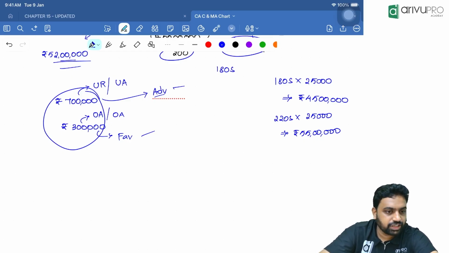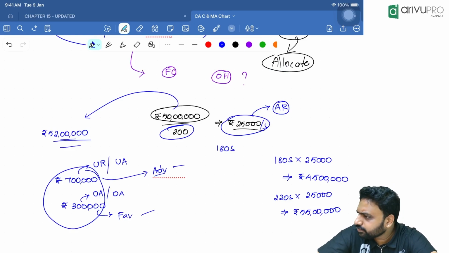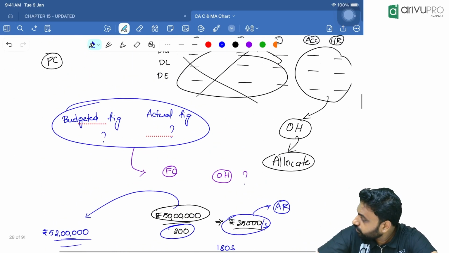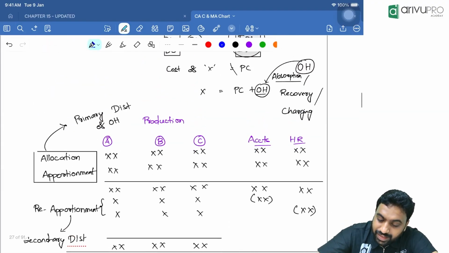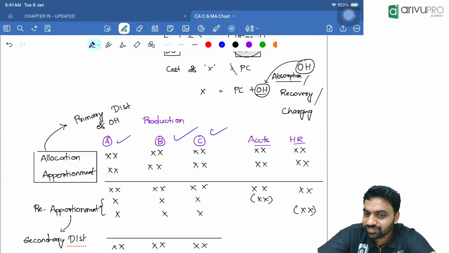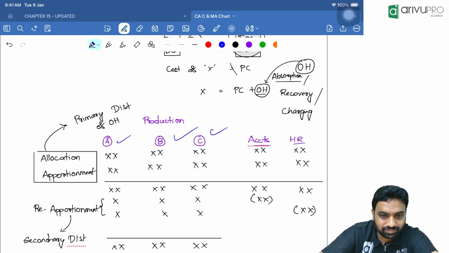Generally in examinations, once in a while they keep asking this. Now I hope you guys got some idea about this whole chapter. And also, rather than charging it on department basis, I will charge it on machine basis.